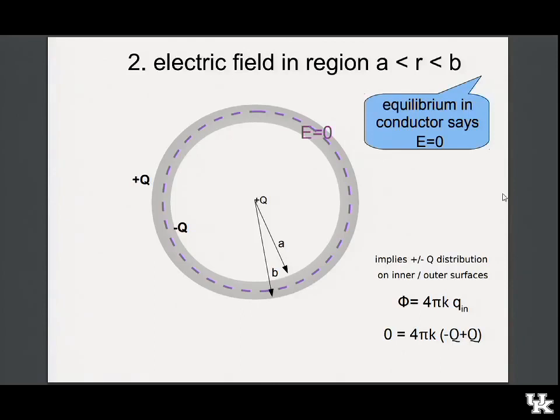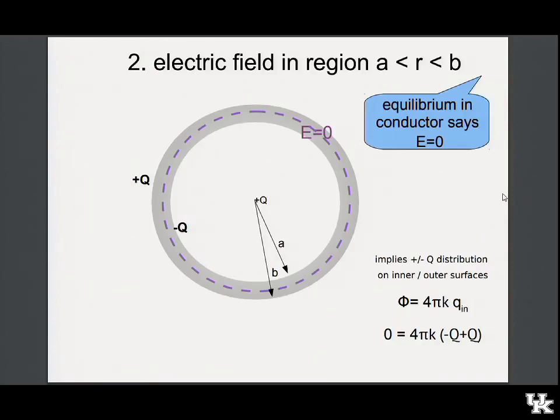Well, in equilibrium, this conductor, the field inside that shell, is going to be 0. That's the rule. So that field is zero everywhere in here. We've nulled out the field of this charge to create 0 electrical field inside the shell.